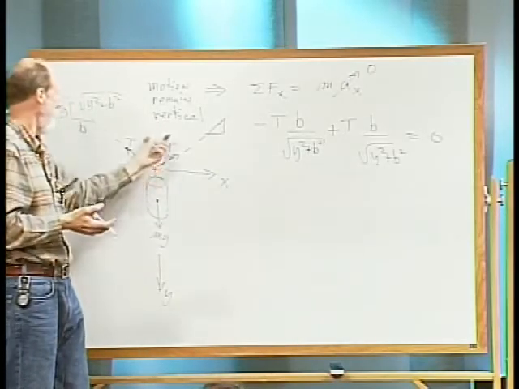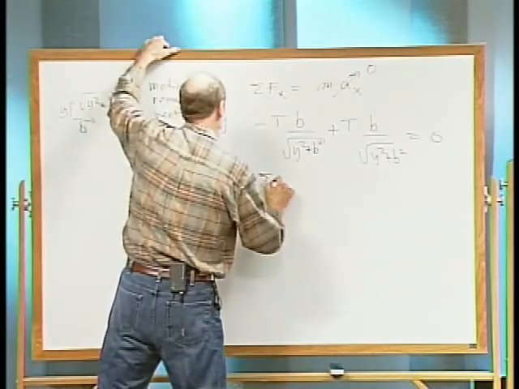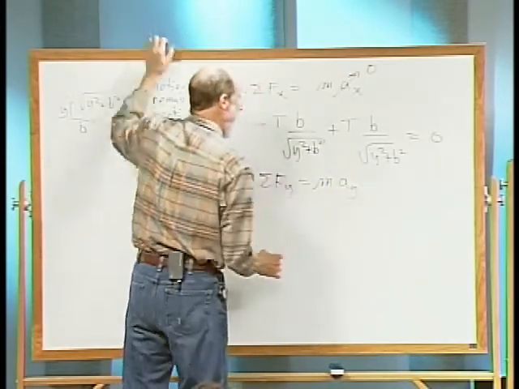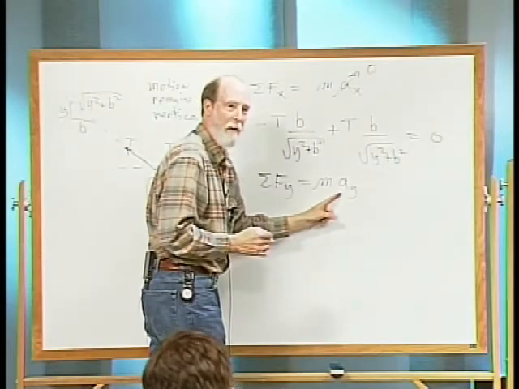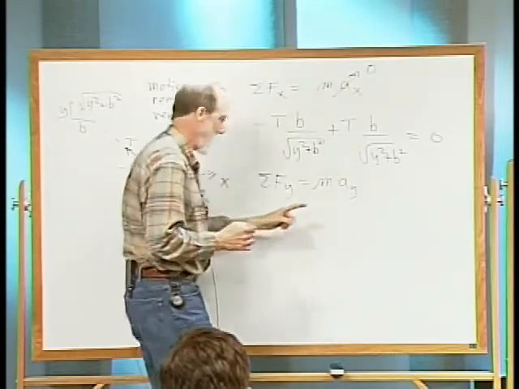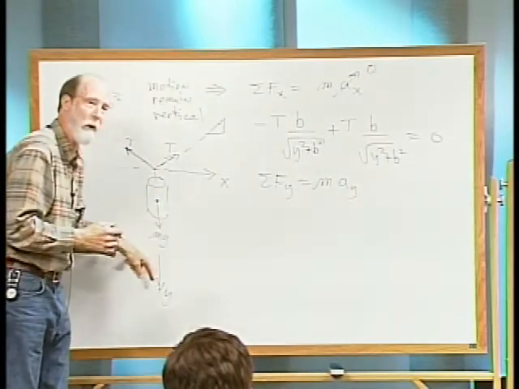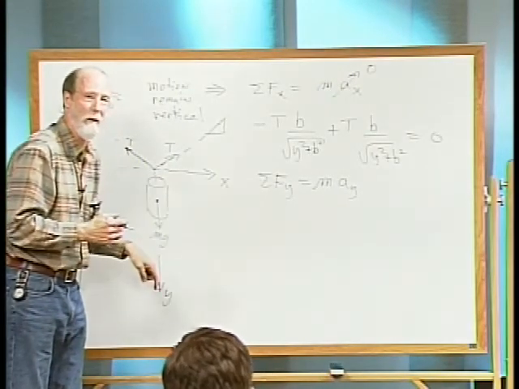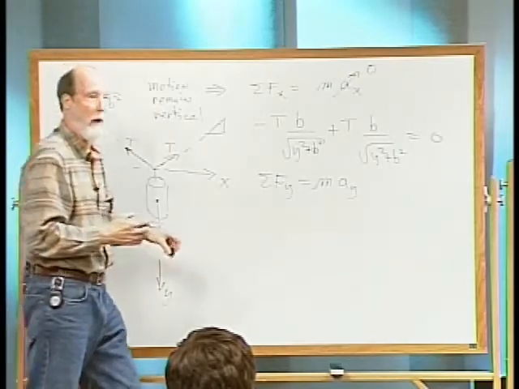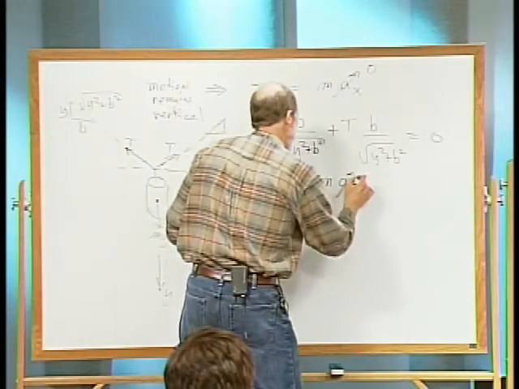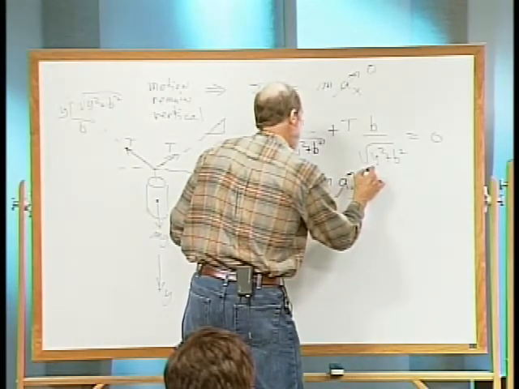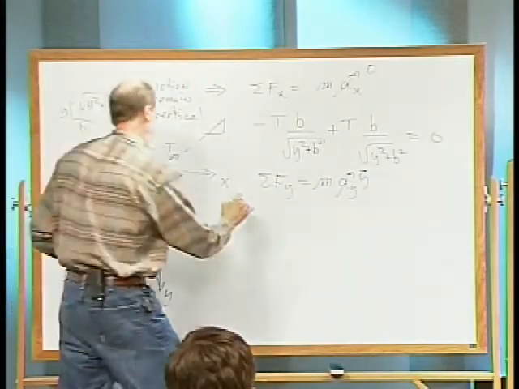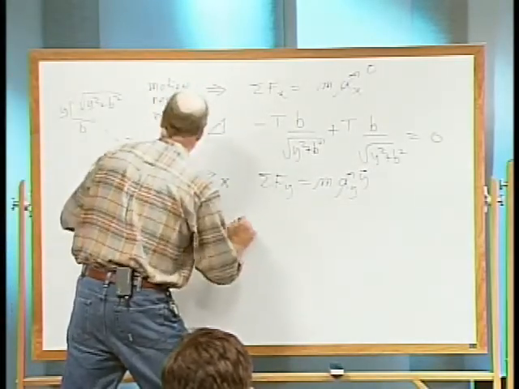Sum of forces y equals mass times acceleration y. Now what is acceleration y, with y defined positive downward? That's y double dot, isn't it? So this becomes y double dot, and then our sum of forces y is going to be upward in both cases.